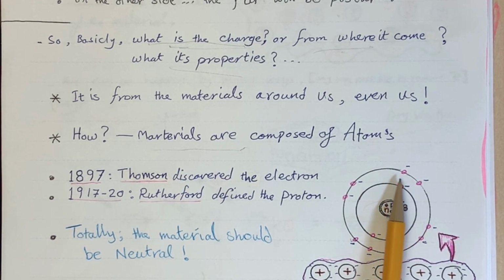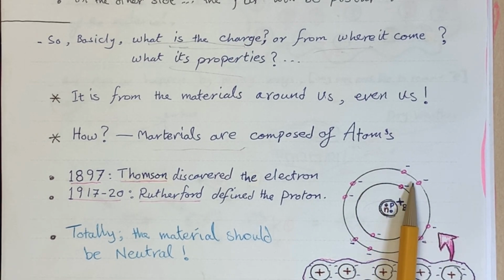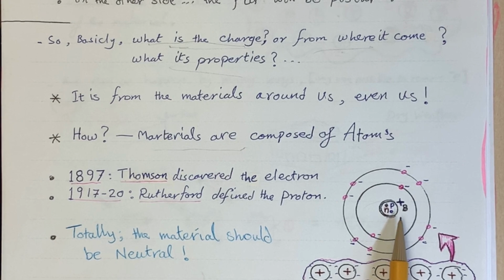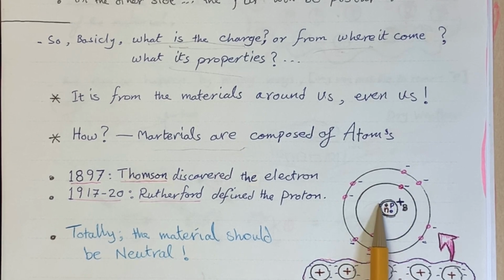There are many electrons rotating around this nucleus in orbitals, and the number of these negative electrons is the same as the number of the positive protons inside that nucleus.